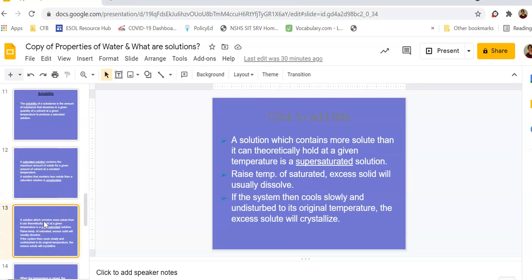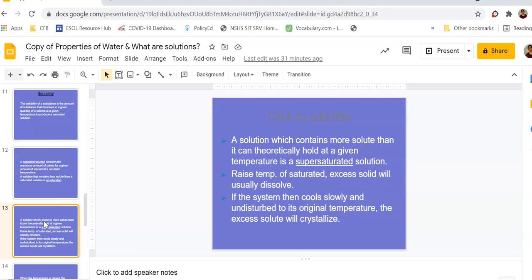And then you have a supersaturated solution. It's a solution that theoretically holds more than the maximum amount. And you should have a question in your mind. How can you hold more than the maximum amount? So the way we do that is we create a saturated solution, and then we raise the temperature of it and add more solute and dissolve.